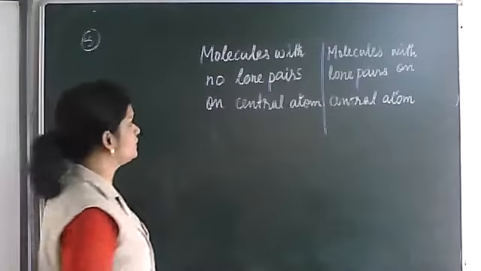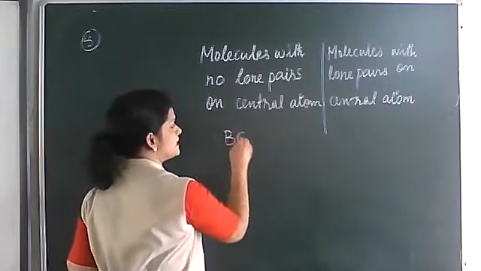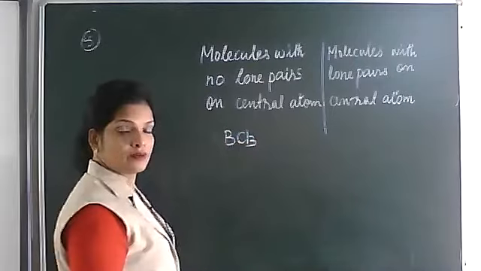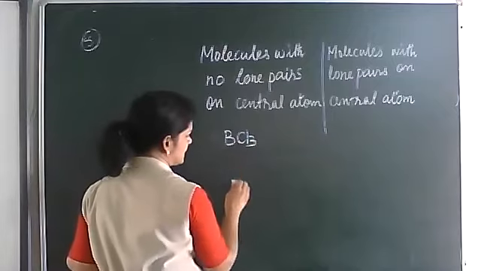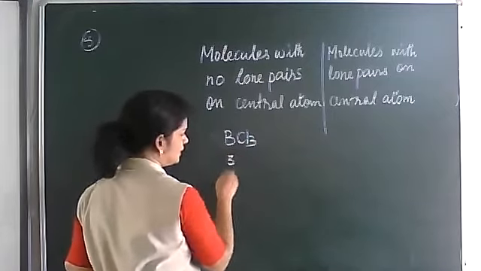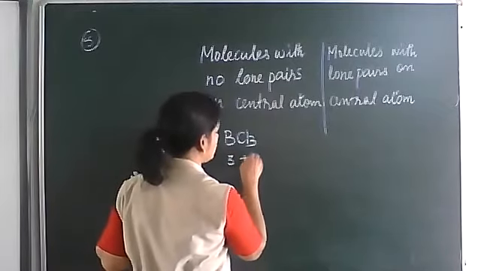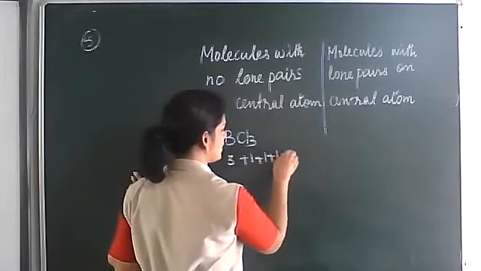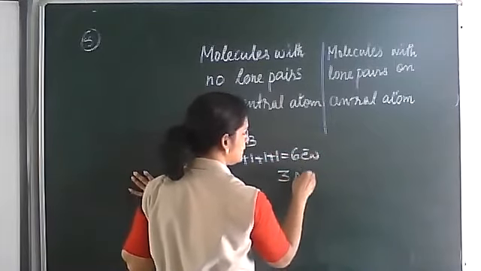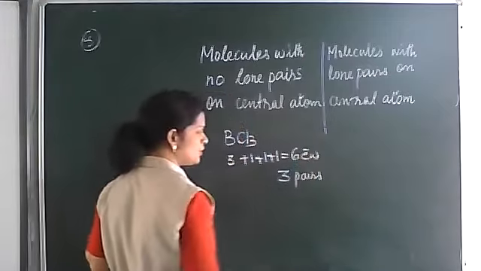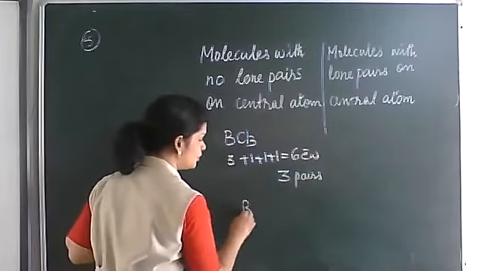The next one in this category, that is molecules with no lone pairs on the central atom, is BCl3 or BF3. BCl3: boron with 3 electrons in the valence shell and 1 plus 1 plus 1, so 6 electrons. 6 electrons means 3 pairs. 3 pairs will be standing around boron in what way?